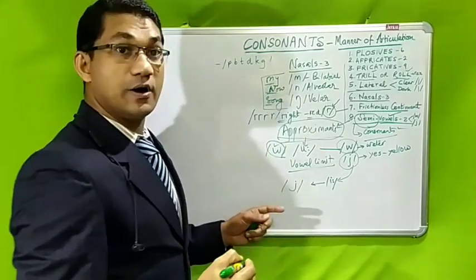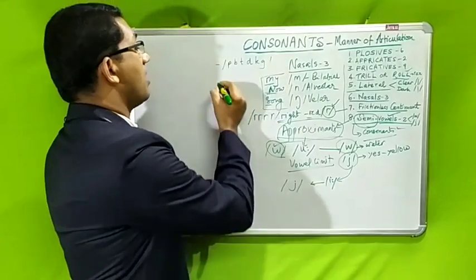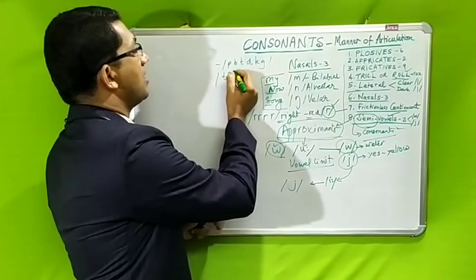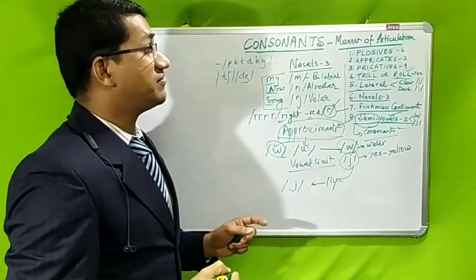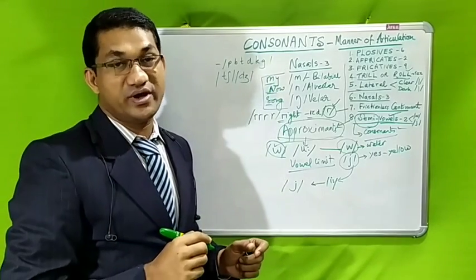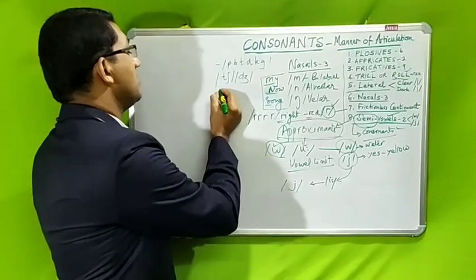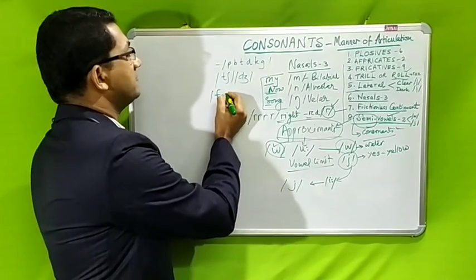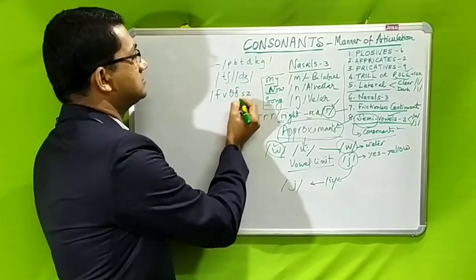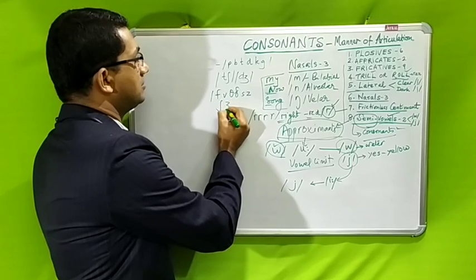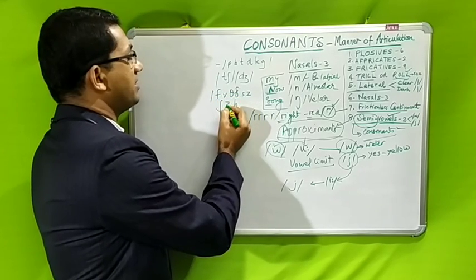Then we have affricate sounds, 2 affricate sounds, they are ch and j. And we have 9 fricative sounds, very important: f, v, th, th, s, z, sh, zh, and h. 1, 2, 3, 4, 5, 6, 7, 8, 9.